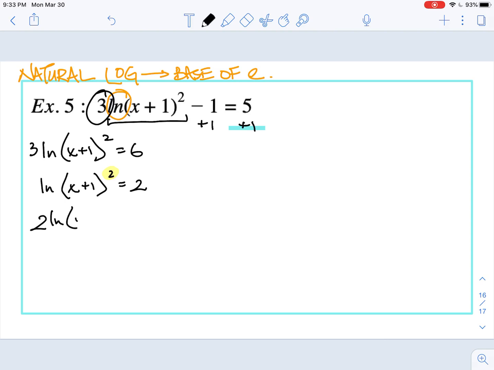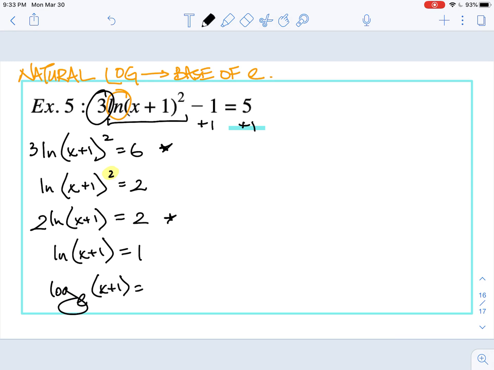So 2 log of x plus 1 equals 2. And that's nice because just like I divided the 3 in this step, I can divide the 2 in this step. So I get natural log of x plus 1 equals 1. And I might even want to write this as log base e of x plus 1 equals 1.